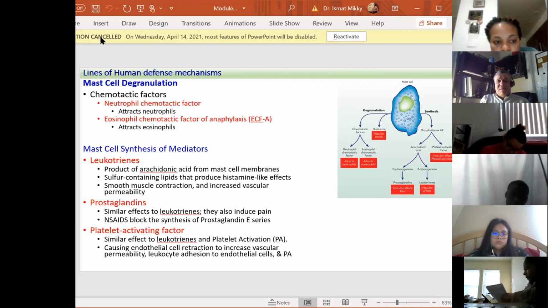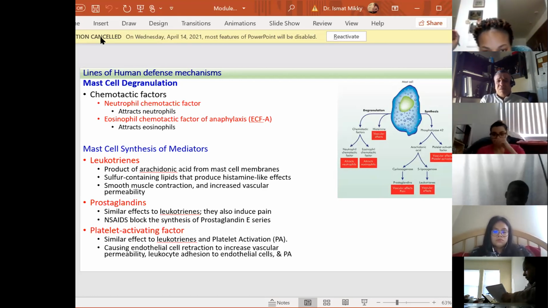So two different mechanisms, degranulation or synthesis. In degranulation, these vesicles, these granules will rupture and then release their content, and it has an immediate effect on the blood vessels, like chemotactic factors and histamine.